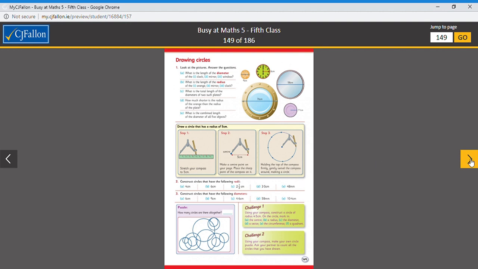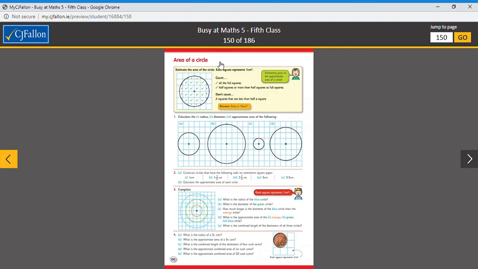Now on the next page, rather than talking about the circumference, we're starting to talk about the area, how many squares a circle occupies. And as you can see, circles can be quite tricky to estimate the area of because they don't line up properly at all. So they've given you a sort of an algorithm for doing it.